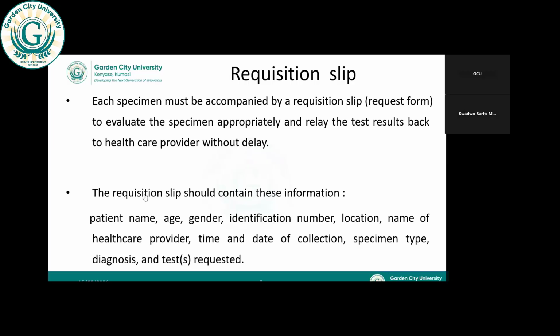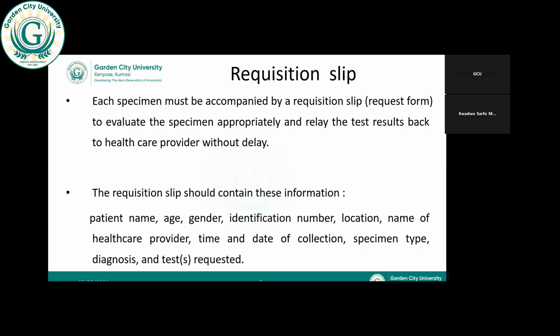So this requisition slip or request form should contain the patient or the client's name, the age of the client or the patient, their gender, the hospital ID, the location where the sample was taken.